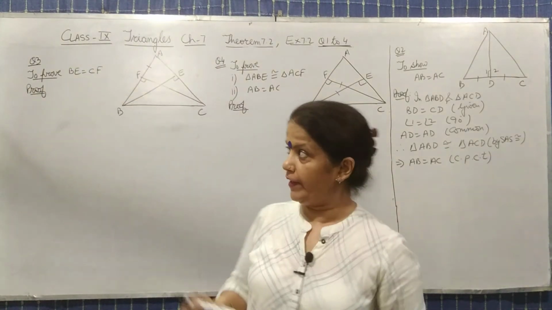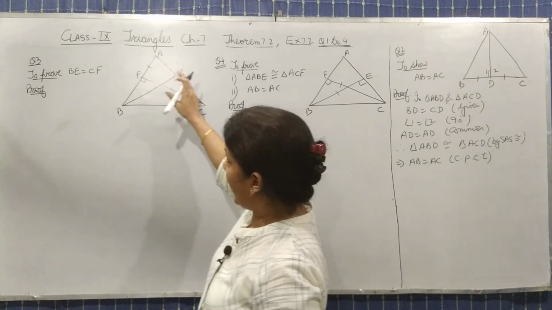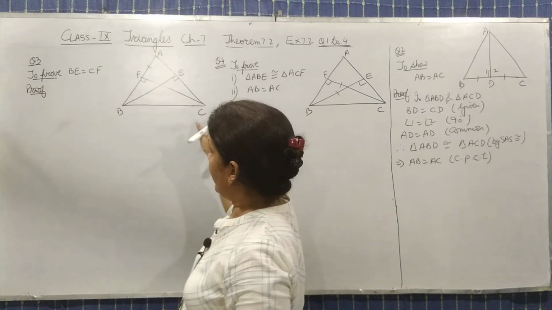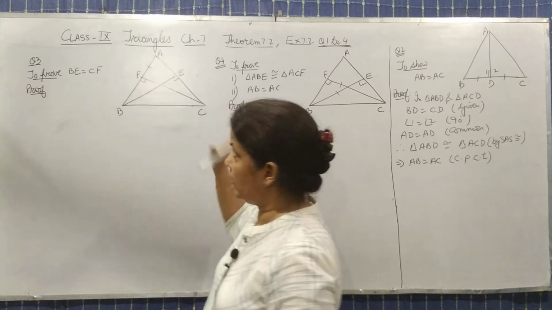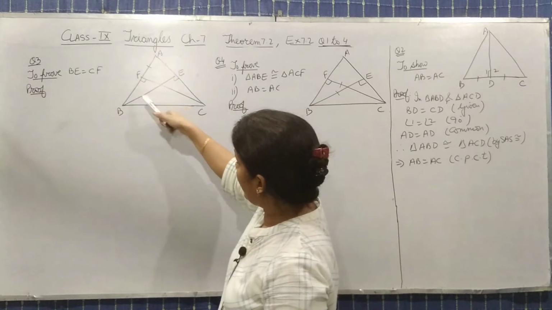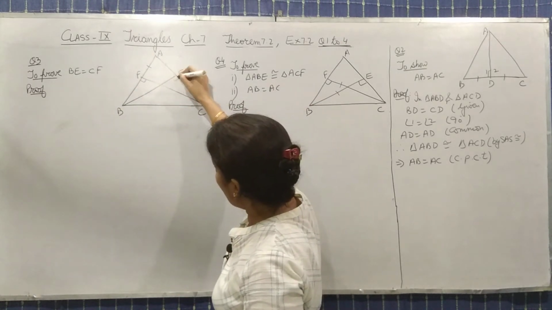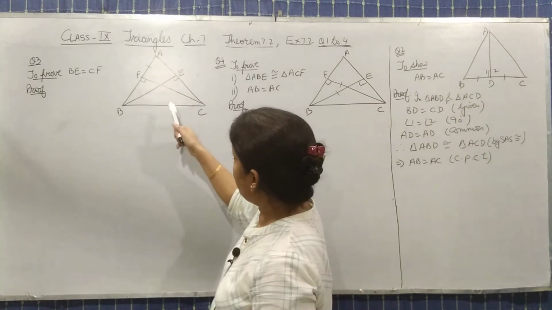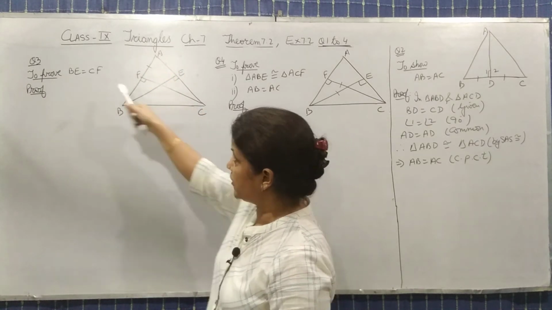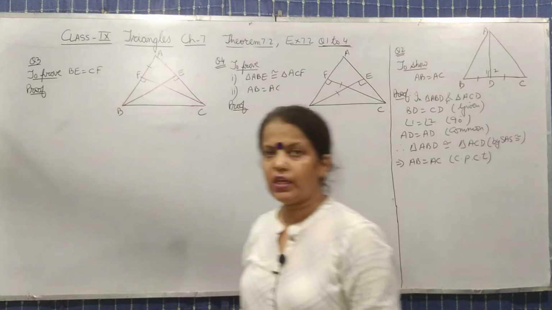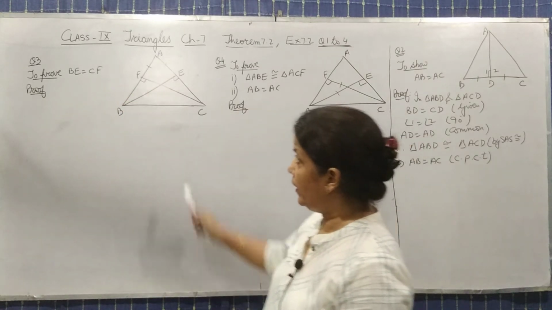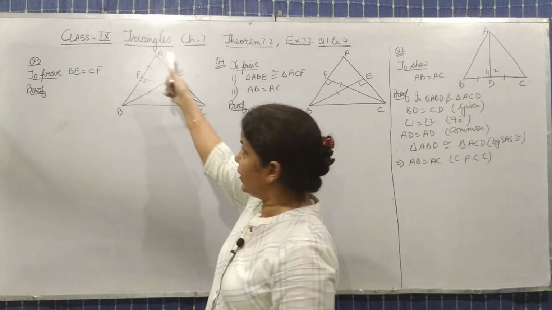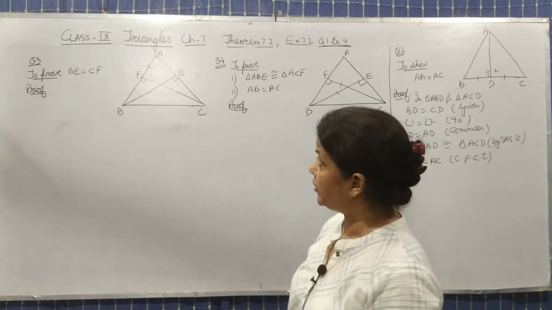In question 3, it is given that in triangle ABC, AB equal AC is given, and these are the altitudes, means 90 degrees given, and you have to prove that BE equals CF. Given part you can write it yourself. Here it is given is AB equal AC and the altitudes.